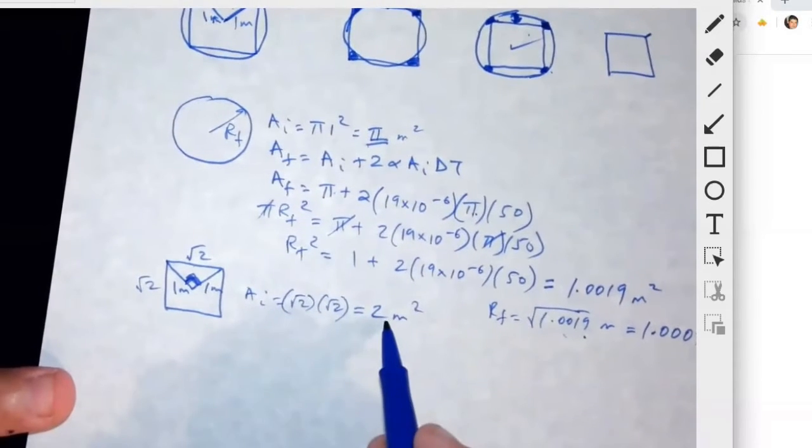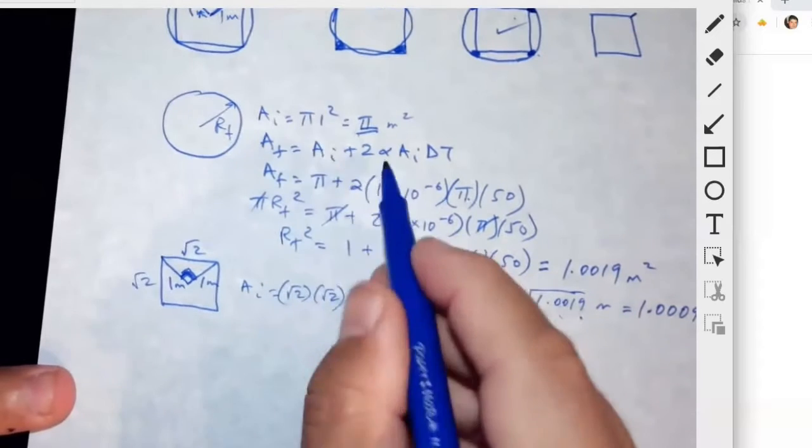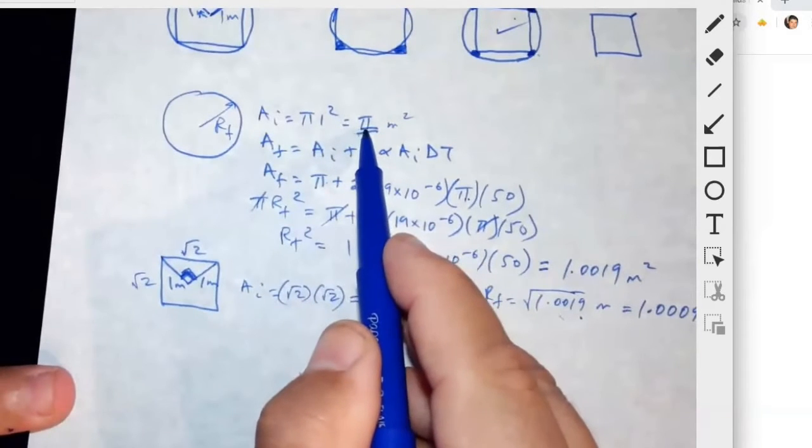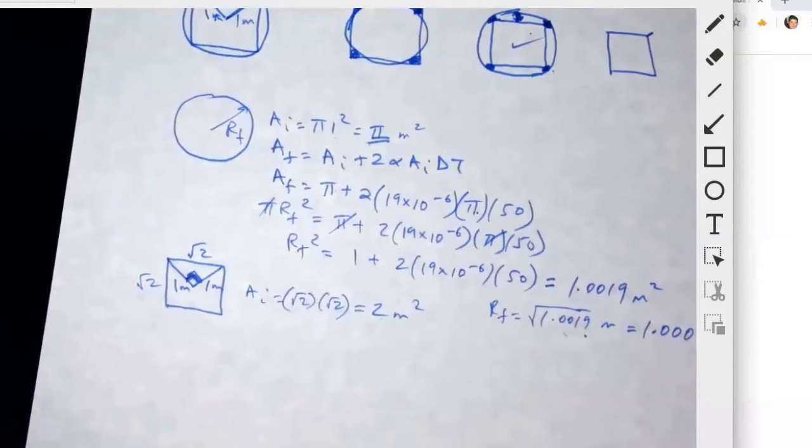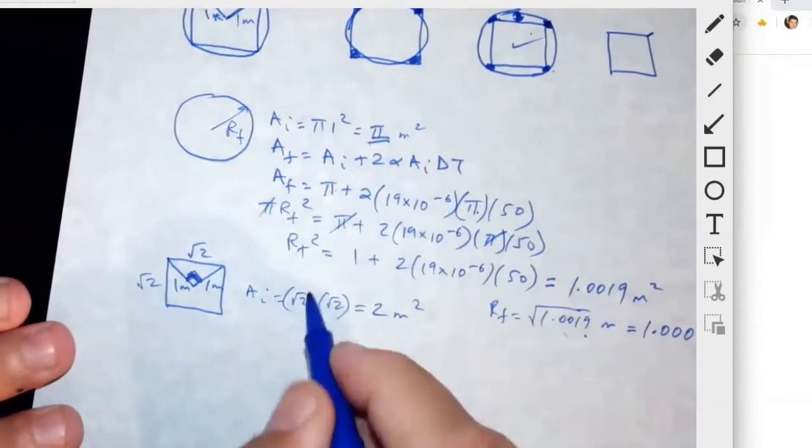Yeah, you see, that makes sense because the area of the square is less than the area of the circle originally, right? Then we do that whole thing.